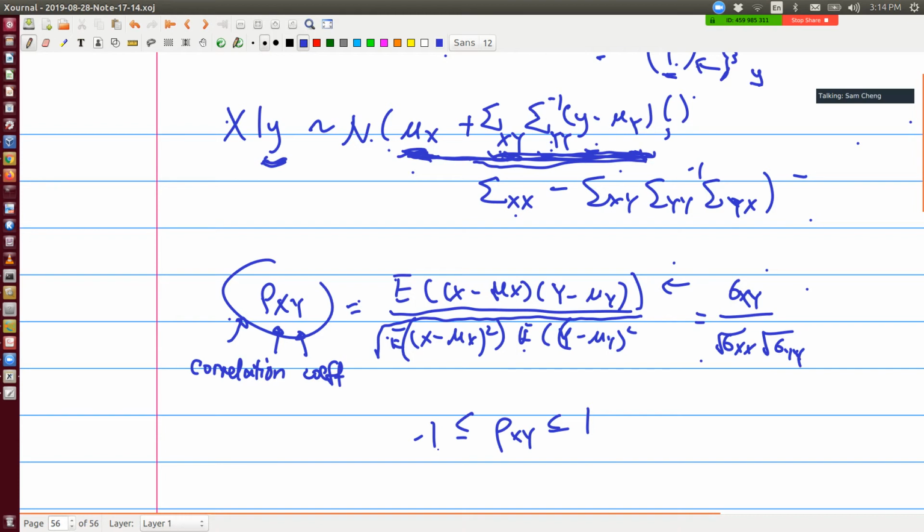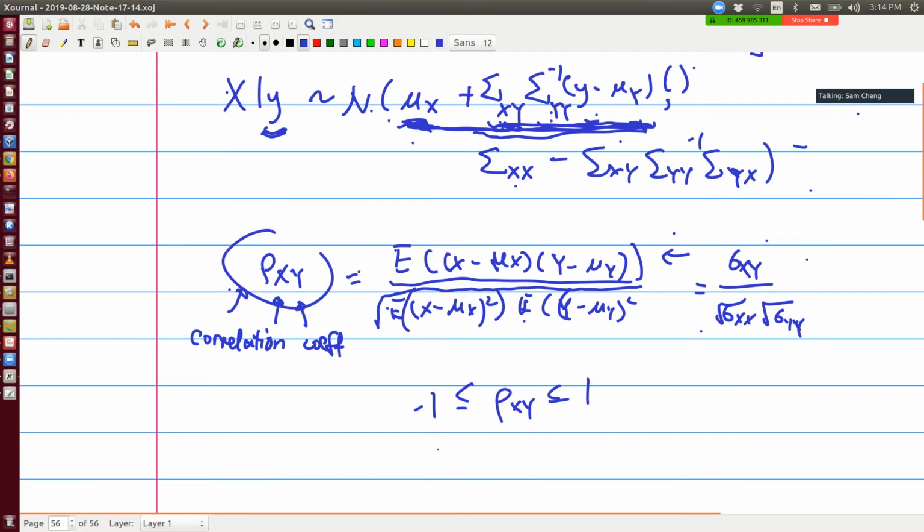Whether I need to show that, I was not prepared to show it, but I think you can quite easily show that this is just the Cauchy-Schwarz inequality, I believe.